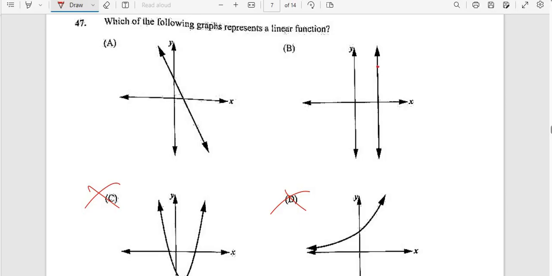If you look at it, every single point on this line has the same x value. The x value represents the domain values, and the y value represents the range. This particular value here, let's call it x1, will be mapped to many y values, which is a 1 to many, and a 1 to many relation is not a function.